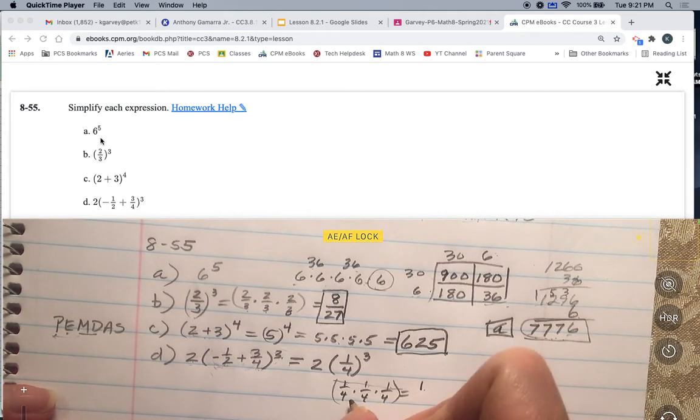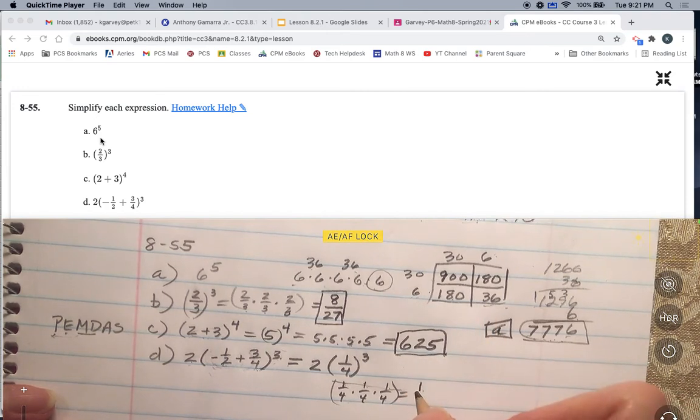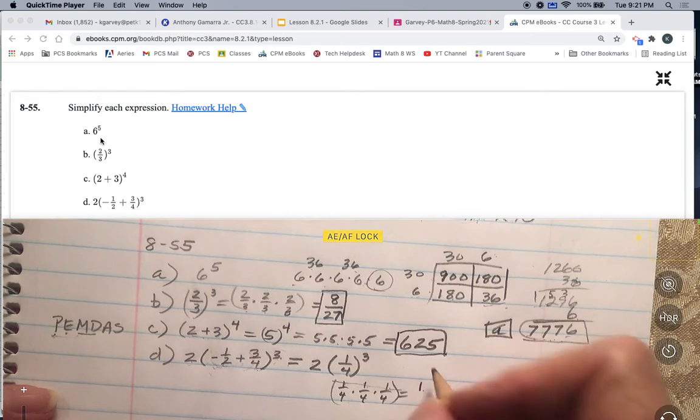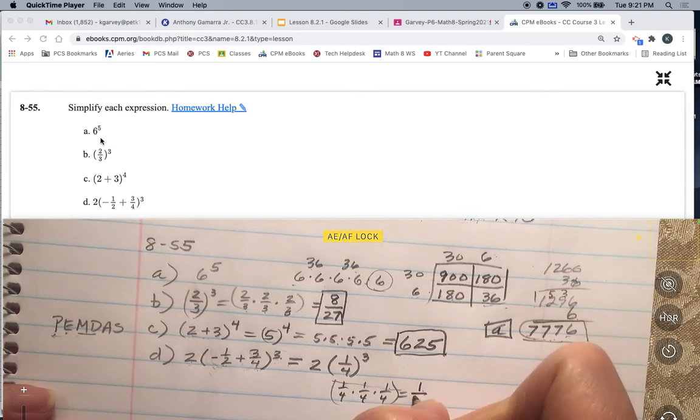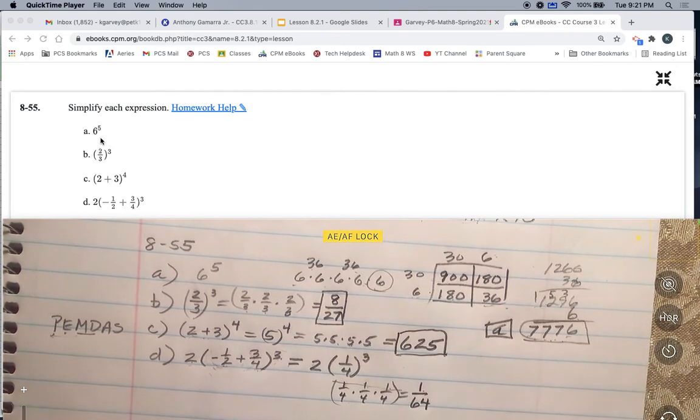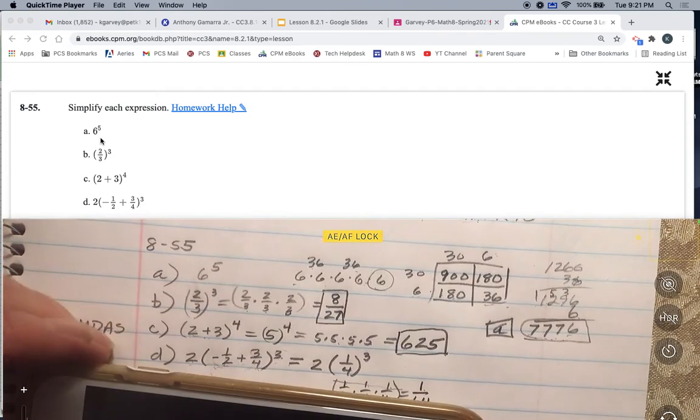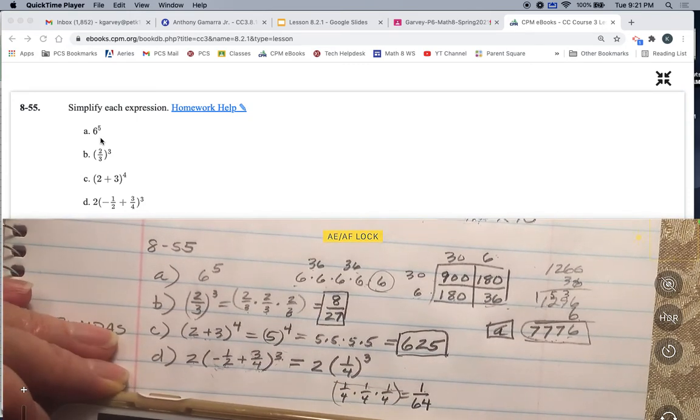And 4 times 16 is going to be 64, I think. So let's check that with our calculator. 4 is the base, and then we'll use that function and the power of 3.